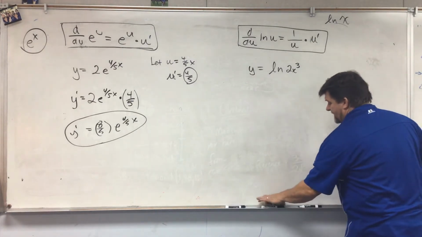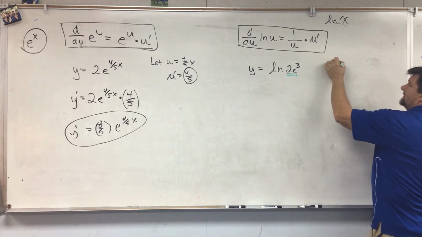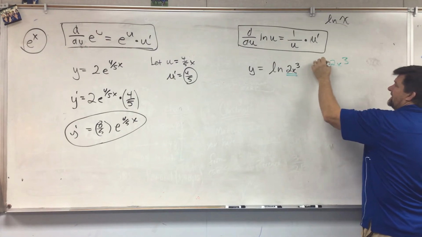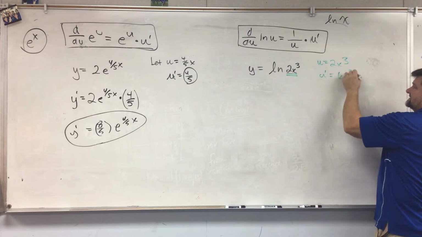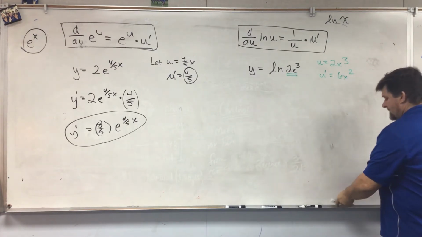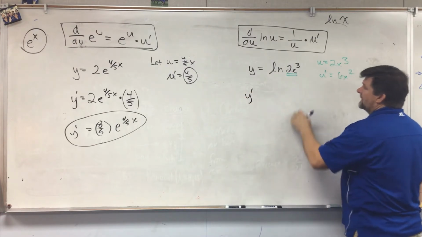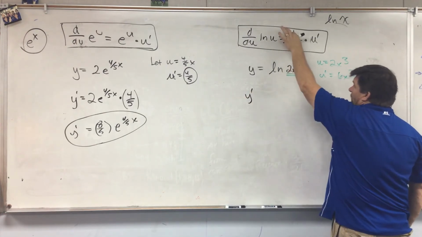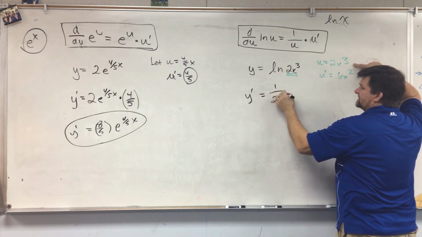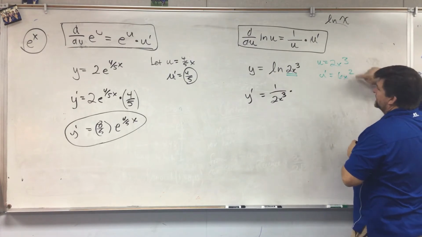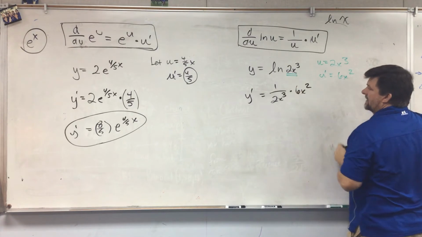When we move over to the natural log of u, it's the same idea. We're going to let this equal u. So 2x to the third equals u. That means u prime is equal to 6x squared. So y prime is equal to 1 over u, which is 2x cubed, times u prime, which is 6x squared.